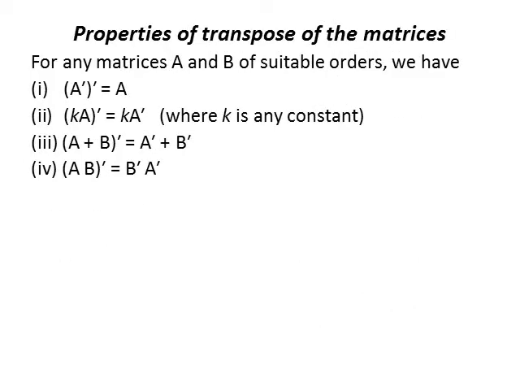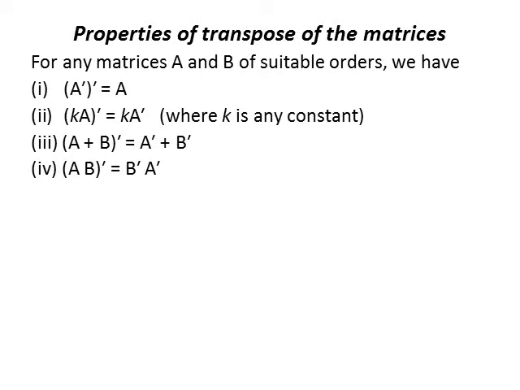Let's discuss some properties of transpose of the matrices. For any matrices A and B of suitable orders, means choose the matrices of that order on which operation of matrices like addition, subtraction, multiplication are defined. Now, first property is transpose of transpose of a matrix A is equal to matrix A itself.